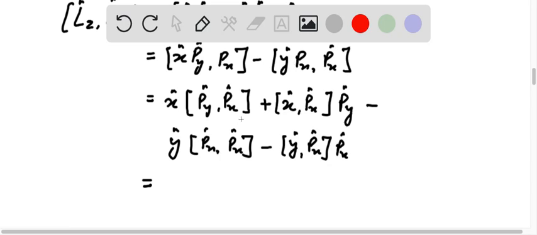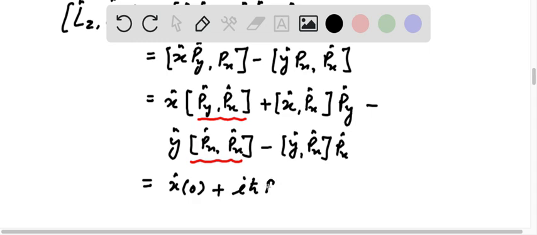This commutation relation is 0, and this part is 0, plus the commutation relation [x, px] is iħ, and py.